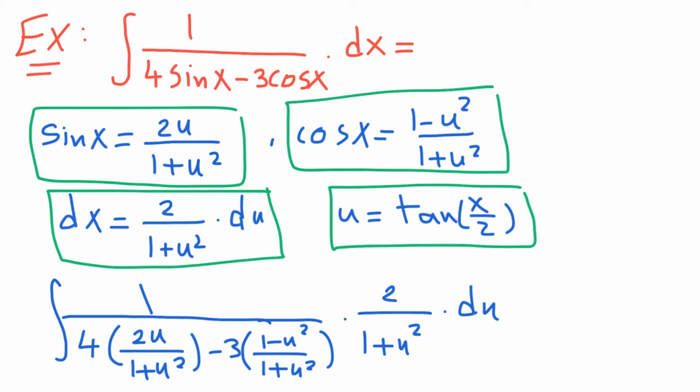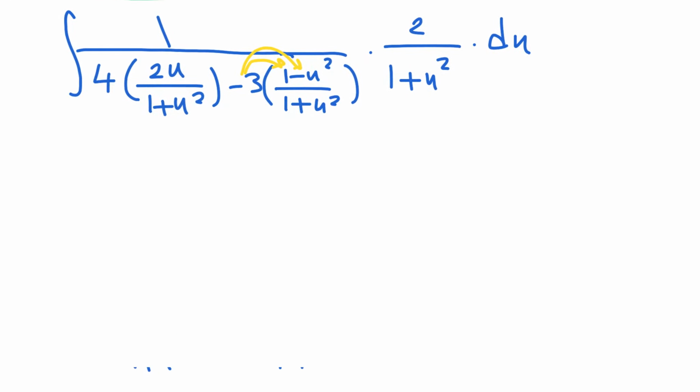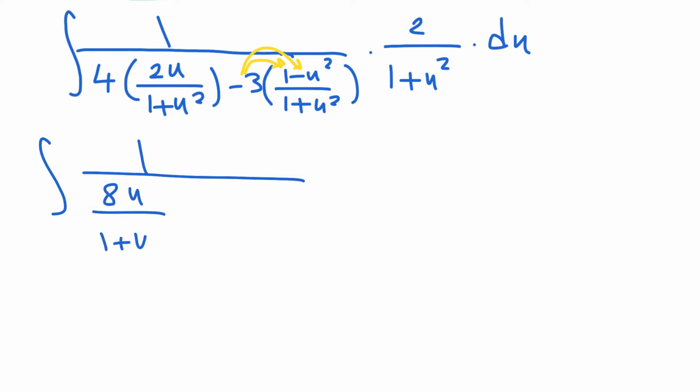Now I'm going to multiply 3 using the distributive property. It will be 1 over 8u over 1 plus u squared.